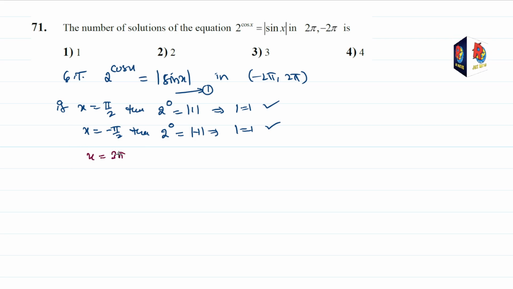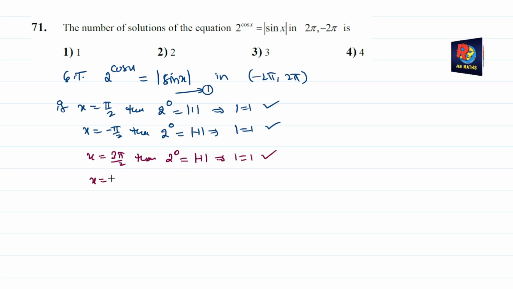If I take x equal to 3 pi by 2, that means 270, again cos is 0, and sin is minus 1, with modulus it is 1, so 1 equals 1. It is also satisfied.